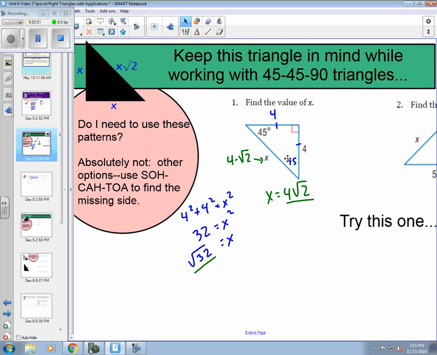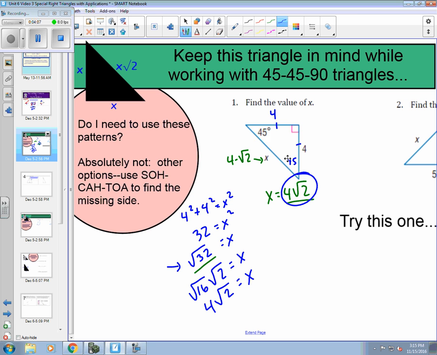If we just do a little simplifying of our radical over here, we should get the same thing. 16 goes into 32 2 times. And we know the square root of 16 is 4, so the square root of 32 does actually equal 4 square roots of 2. So the exact answer here, or the simplified radical version of the answer, would be 4 square roots of 2 is how long that is.